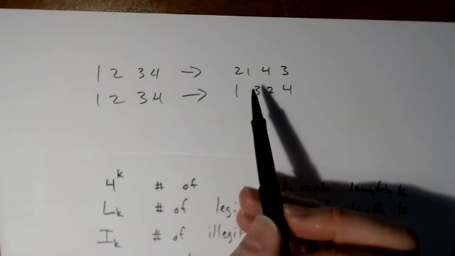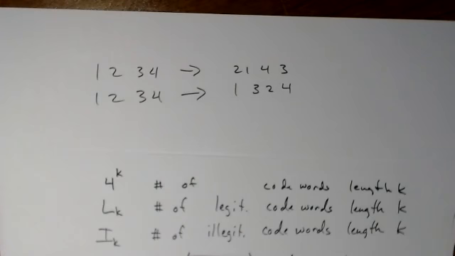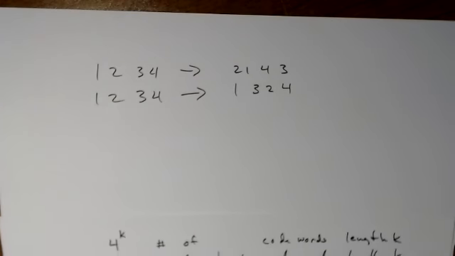So a derangement is a permutation that leaves no element in its original position. Listing all the derangements of 1, 2, 3, 4 is what I want to do next.